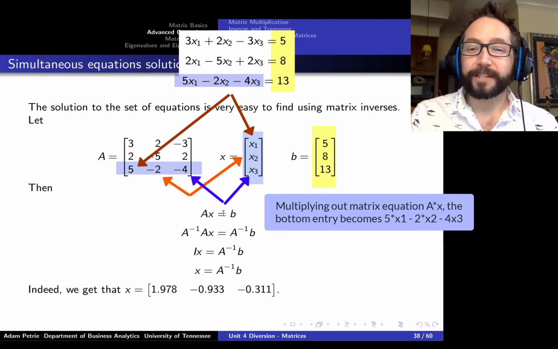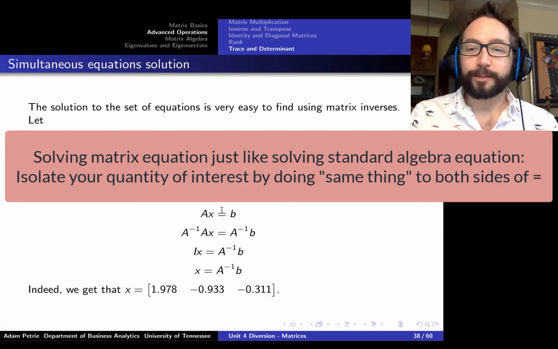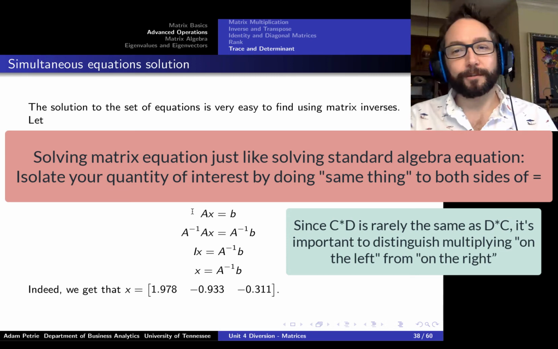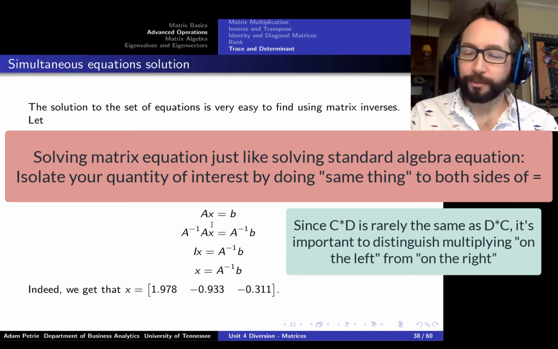We want to solve this equation for X. How can we do that? In this case, we can left multiply both sides of the equation by the inverse of A. Now, remember, the ordering of matrices in matrix multiplication is important, so we have to specify left multiply versus right multiply. As long as we do the same thing to both sides of an equation, we're usually good to go.